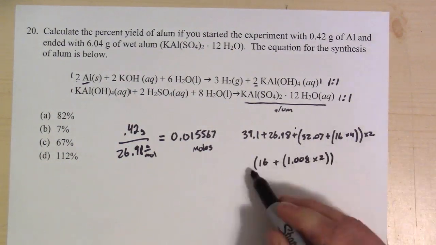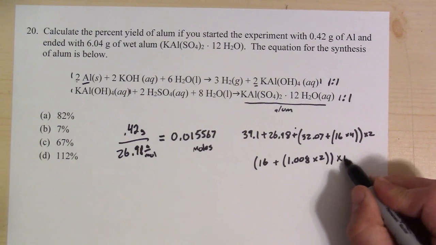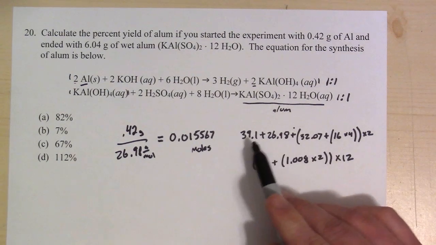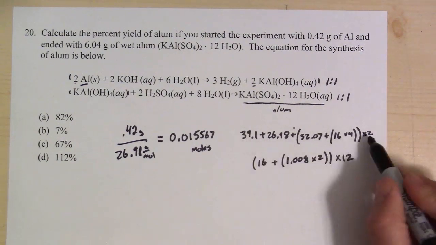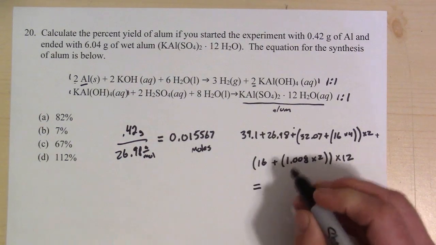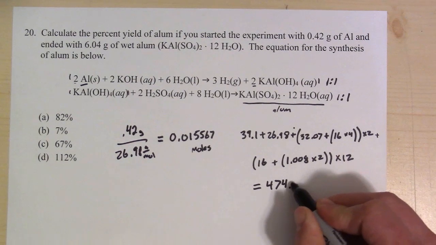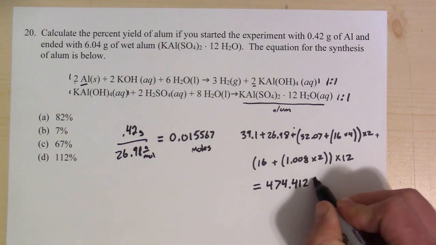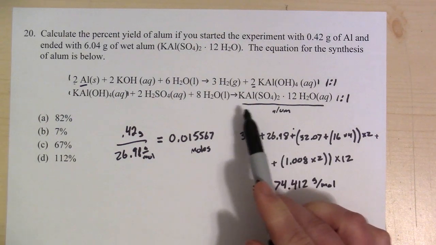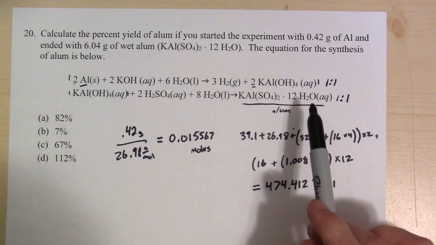So that whole thing, the whole water unit, will be multiplied by 12. So when we do that math, we'll add the portion for the alum, we'll add the portion for the hydrate. That'll give us a molar mass of 474.412 grams per mole. That's the molar mass of potassium alum dodecahydrate here.